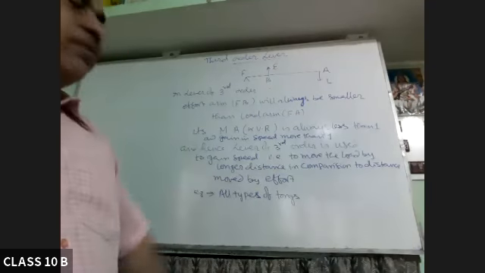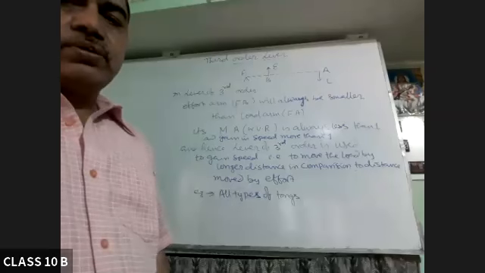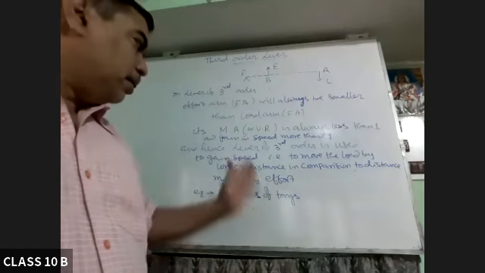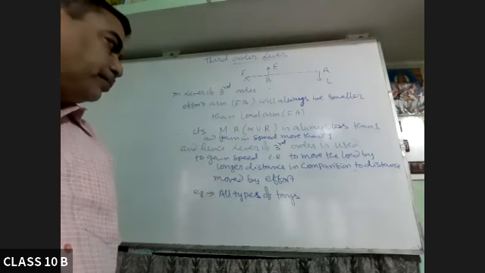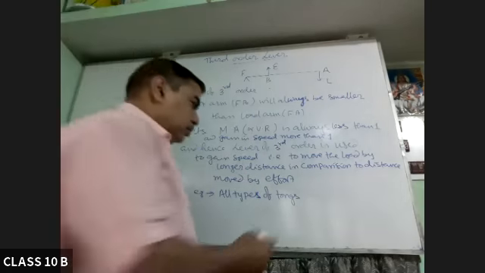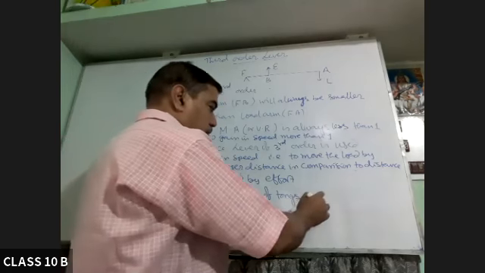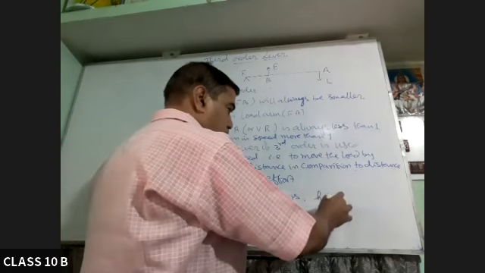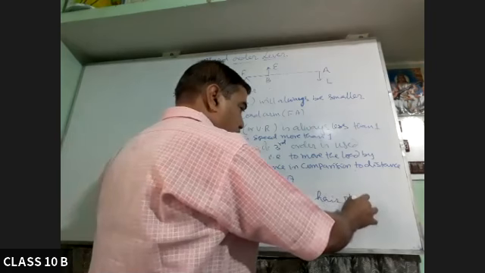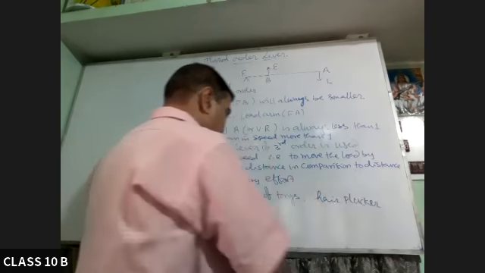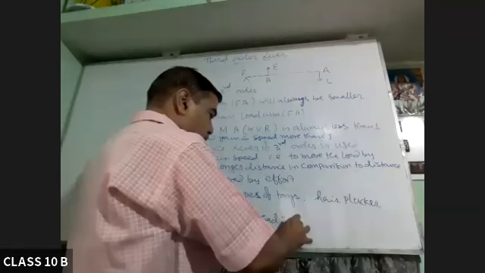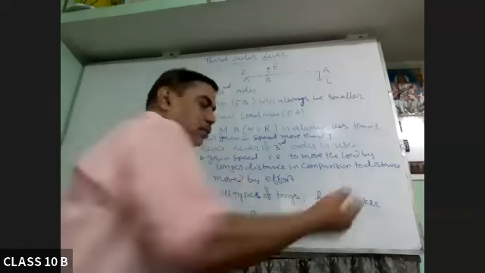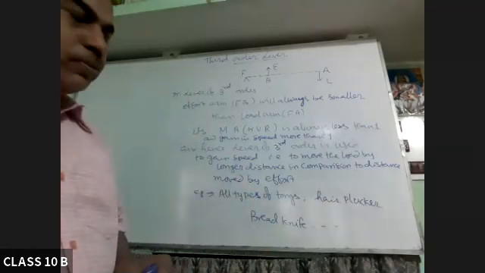So all types of tongs, whatever they are, sugar tongs, fire tongs, all are third order lever only. Hair plucker, bread knife, so many others are given in the book.